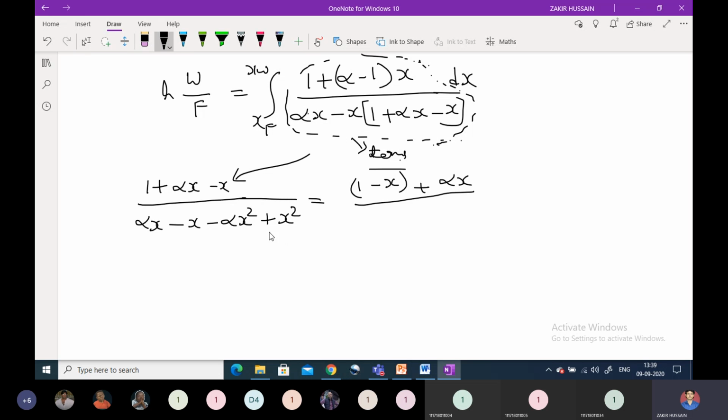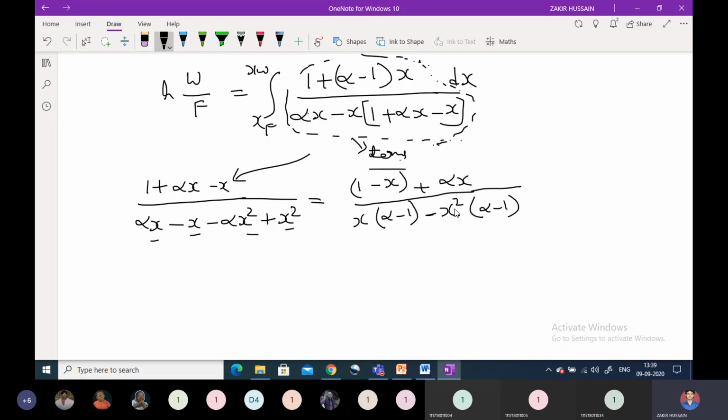Then from this term, if you see, there is x square here and there is x here. So x we will take common. So from these two terms, we'll take x common, then it will become alpha minus 1. In these two terms x square is common. So minus x square we will take common, x square into, so it will become alpha minus 1.